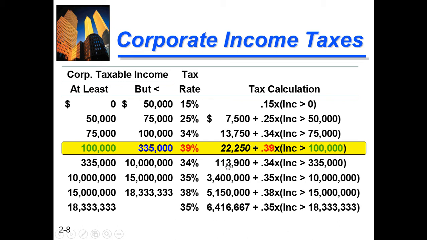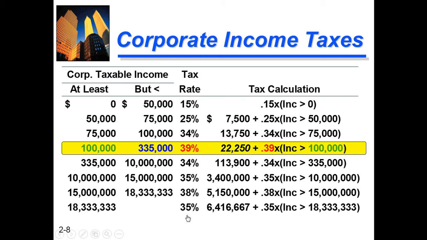So we will pay the higher marginal tax, that is 34%. Till 3,35,000 we only pay 1,13,900 tax. The marginal tax rate from 3,35,000 is 34%, and so on till the end.